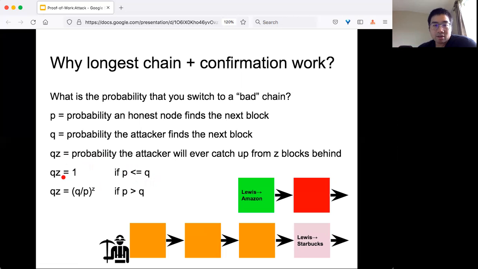But now let's consider the other case, where the good guys have more computation power, so P is strictly greater than Q. Then, by mathematical analysis, the probability of a double spending attack by switching chains is (Q/P) to the power of Z. So it depends on the proportion of computation power between good and bad guys, and also the number of confirmations that you have.